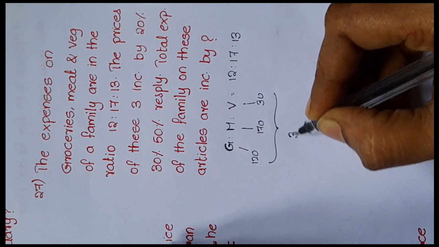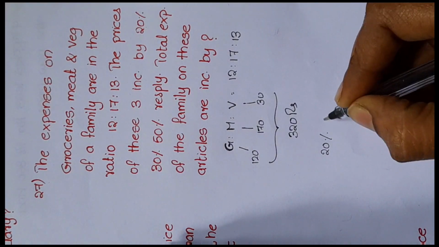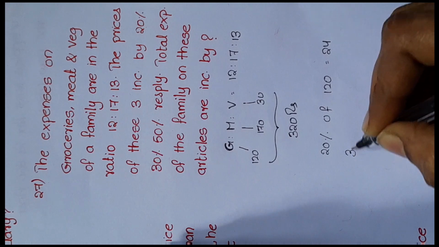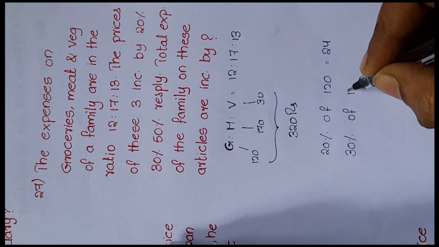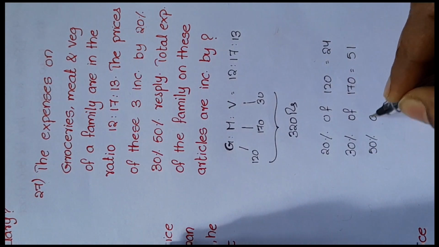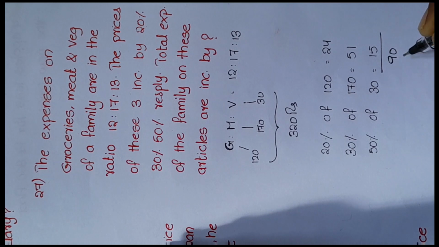On adding this, we get 420 rupees. Now the price is increased by 20% of 120, which is equal to 24 rupees, and 30% of 170 is 51 and 50% of 30 is 15 rupees. The total is 90 rupees.